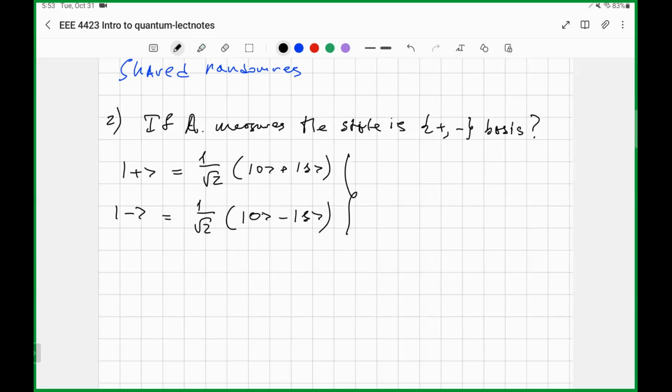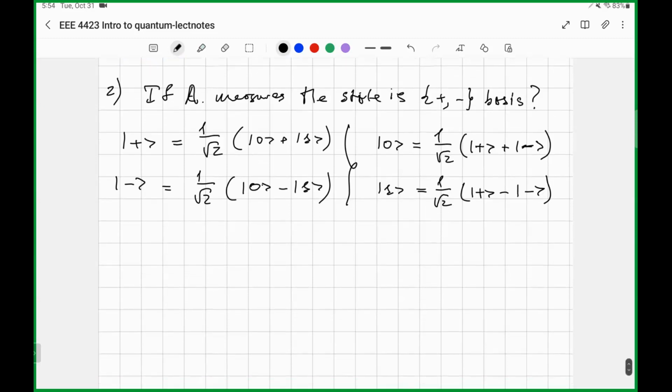And from these two equations, we get the formulas for state 0 and for state 1 in terms of plus minus. State 0 is 1 over square root of 2, plus state plus minus state minus. And state 1 is 1 over square root of 2, plus state minus minus state minus. Okay.